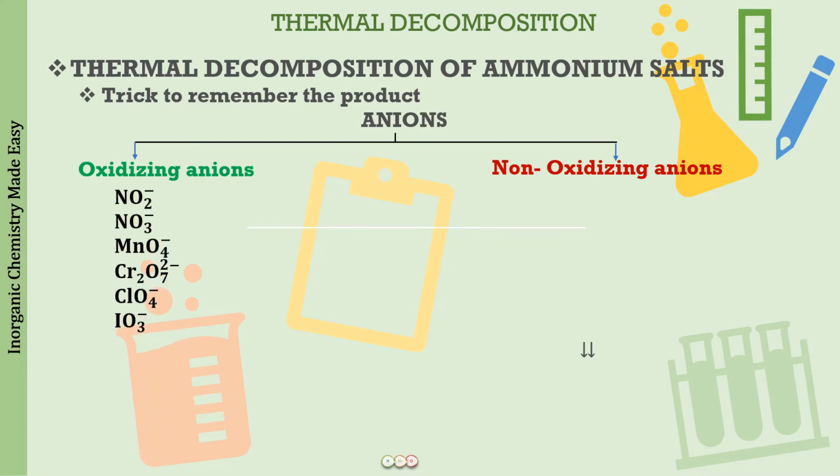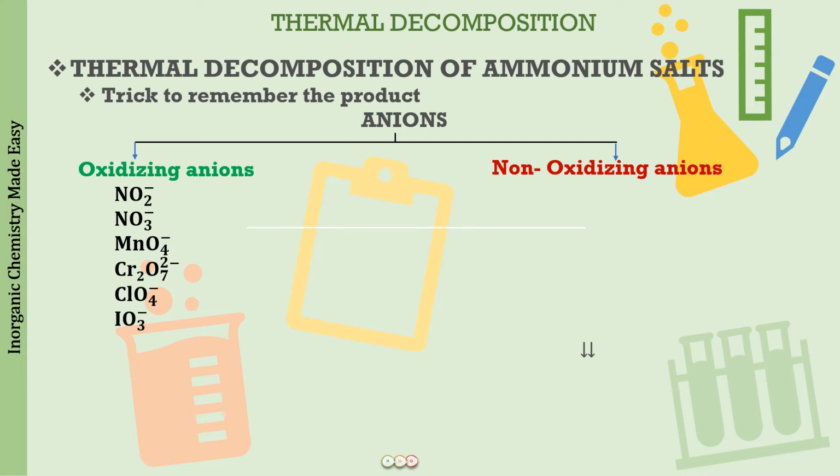For example, the oxidizing anions are NO2-, NO3-, MnO4-, Cr2O7 2-, ClO4-, IO3-. These are the six oxidizing anions that you have to learn for these ammonium salts.